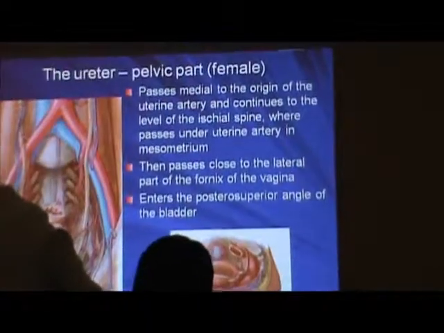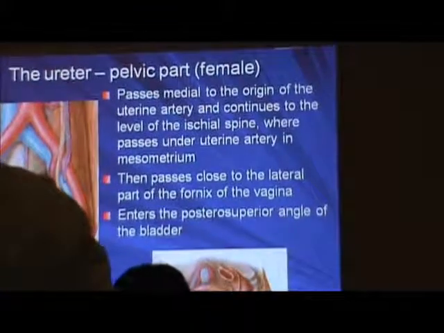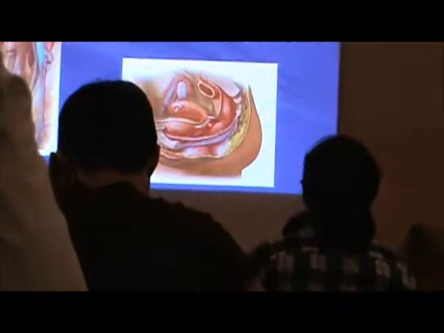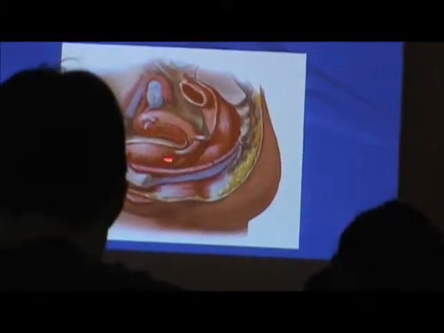Next, the ureter passes close to the lateral part of the fornix of the vagina and enters the posterior superior angle of the urinary bladder.